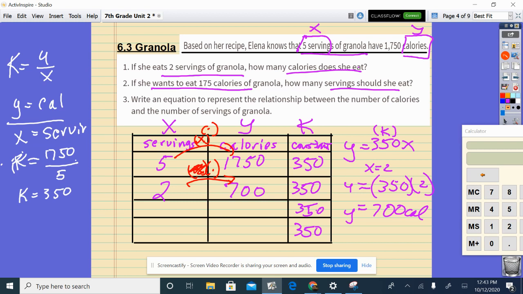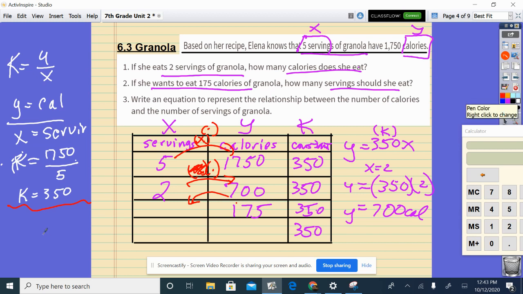Well, if she wants to eat 175 calories of granola, how many servings is that? If I'm using multiplication to go from X to Y, I do the exact opposite going from Y to X, so I would divide. Let's reason that out.